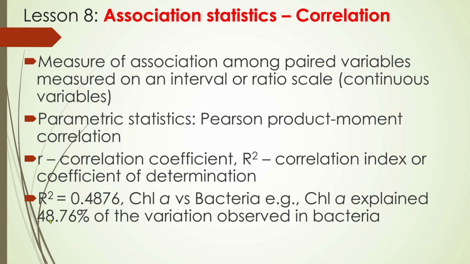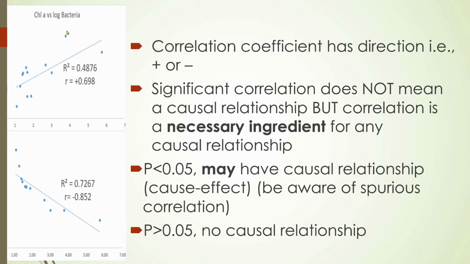For example, when you have a correlation index of 0.4876, when you plot chlorophyll A against bacteria, then you can state that the variable chlorophyll A explained 48.76% of the variation observed in bacteria. We log transform the bacterial abundance in order to use parametric statistics.